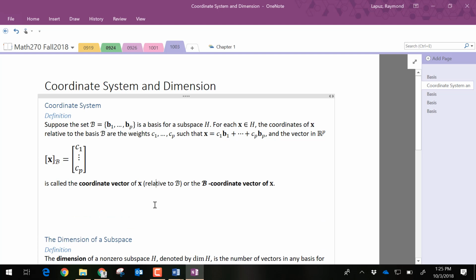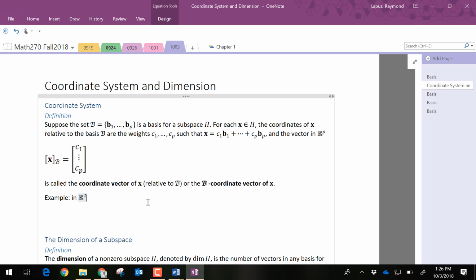So let's do a simple example of this. And just stick with R2.